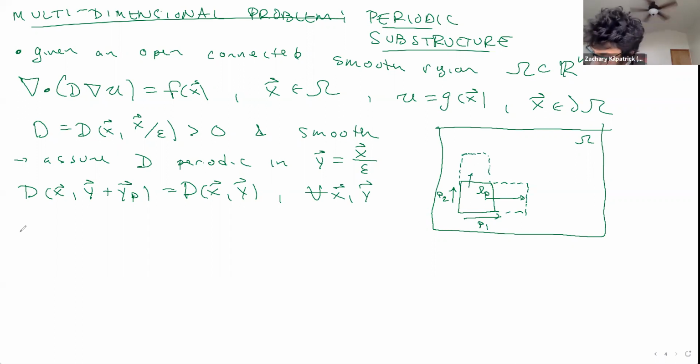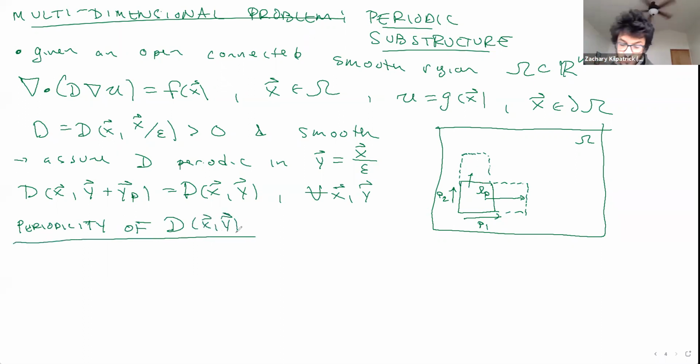Okay, so this is the basis of the periodicity of our diffusion coefficient, or conduction tensor if you wish.